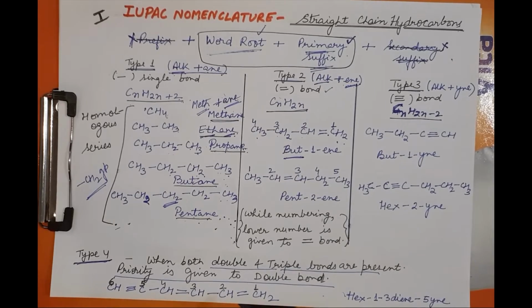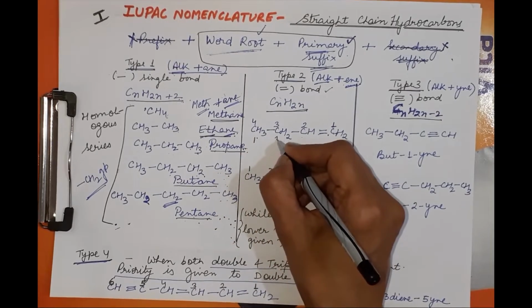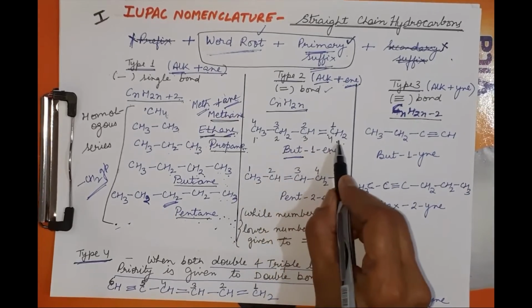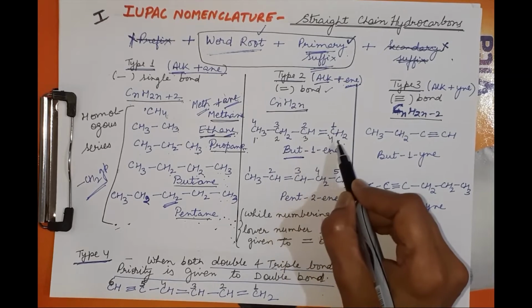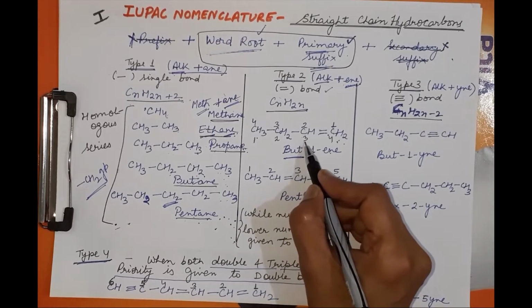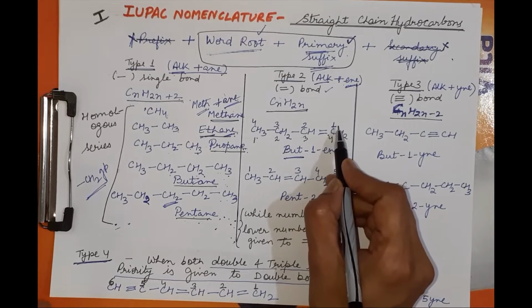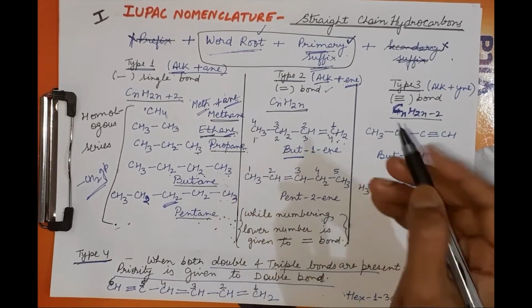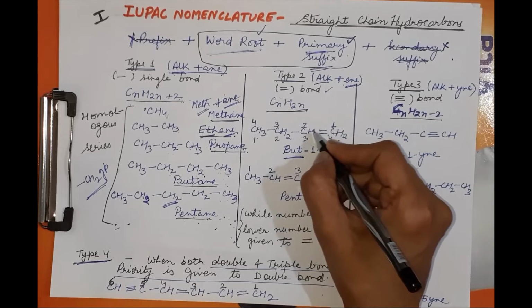Suppose we start the numbering from left to right, then this will be 1, 2, 3, 4, and in this case the double bond is present between C3 and C4. But if we do the numbering from right to left, then it is 1, 2, 3, 4, and according to this, the double bond is present between C1 and C2.